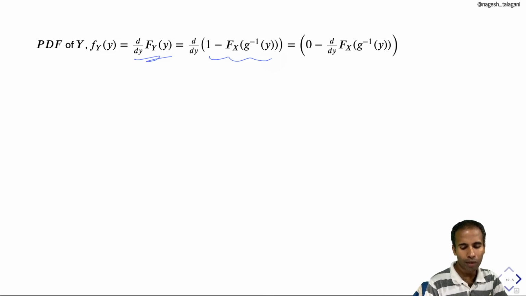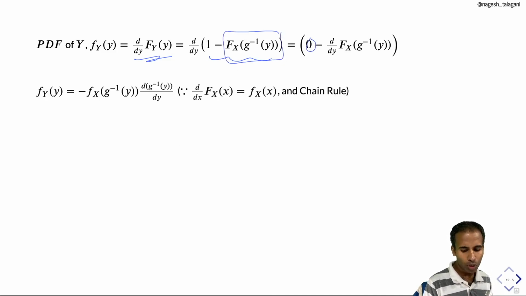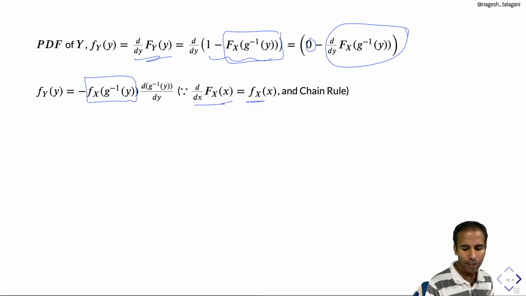If you do the derivative for this, the derivative of 1 is going to be 0. Now we have to do the derivative of this. In the next step we will apply the chain rule. So the derivative of this is going to be fX of G inverse y, because the derivative of CDF is PDF. And by chain rule we need to differentiate G inverse y, that's going to be the derivative of G inverse y with respect to y.